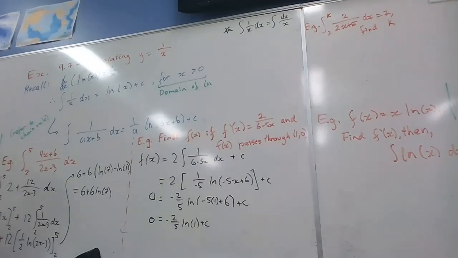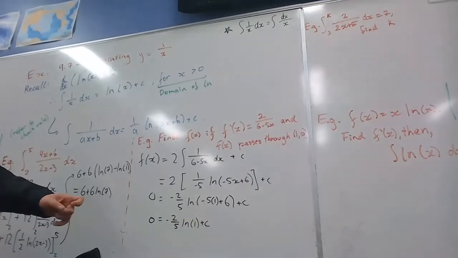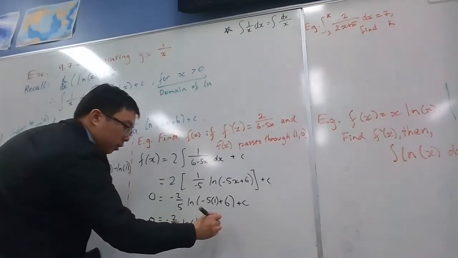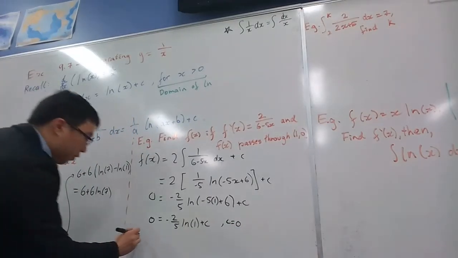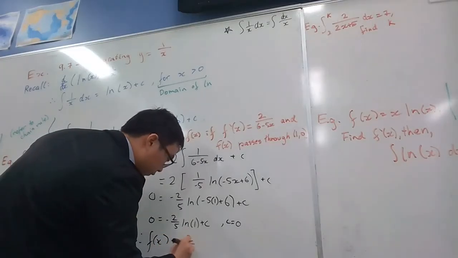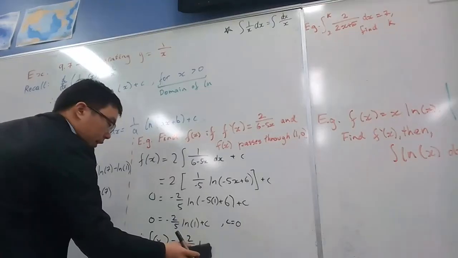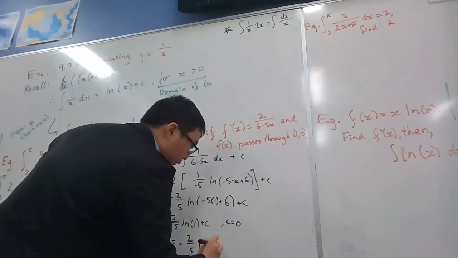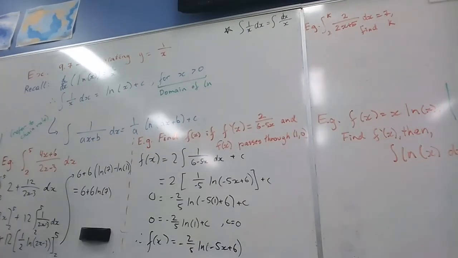Thinking back to our log laws, e to the power of what gives us 1? Of course it's a 0. So therefore that's all 0, c equals 0. Don't forget to put it back into your original equation, so therefore f of x equals negative 2 over 5 ln of negative 5x plus 6, no c involved.